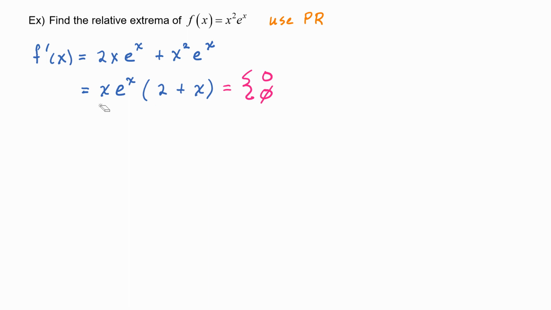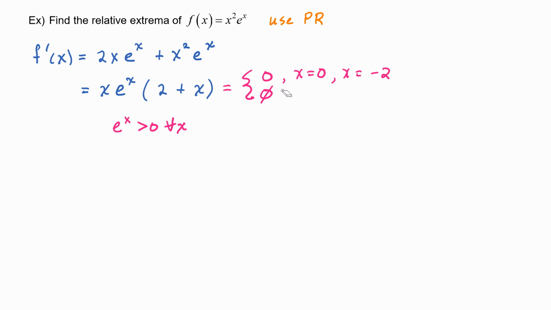This first factor will equal 0 whenever x is equal to 0. We know that e to the x is greater than 0 for all x, so that's never going to equal 0. And 2 plus x will equal 0 when x is equal to -2.